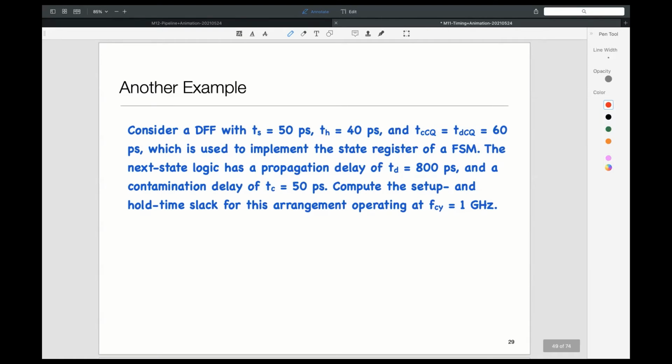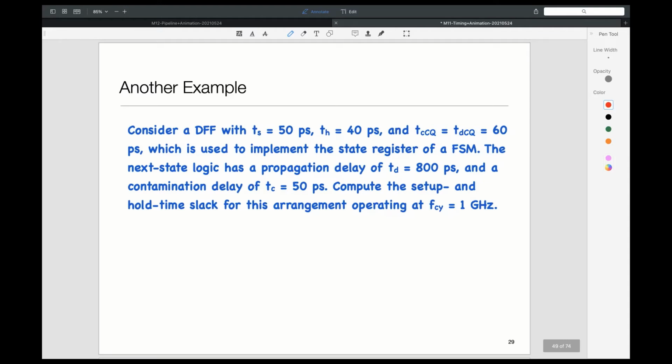TCCQ and TDCQ are 60 picosecond, so from the clock edge to the output of the flip-flop changing is 60 picosecond. We are using a bunch of these D flip-flops to implement a state register. The next state logic has a propagation delay of 800 picosecond and a contamination delay of 50 picosecond. Compute the setup and hold time slack. So margin.